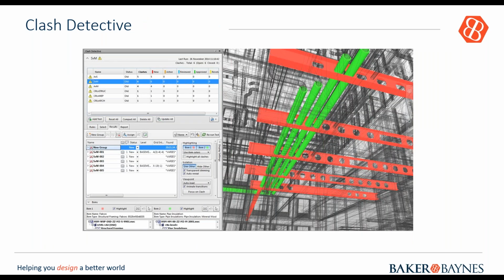Now the next step is to go and start generating this clash detective. What you're seeing on your screen is a typical view that you'll find from a clash report. On the left of your screen, you've got your clash detective dialog box with all the different tests that have been generated.